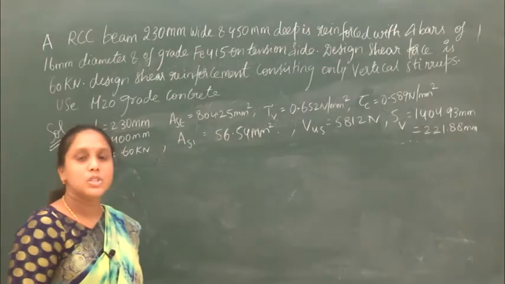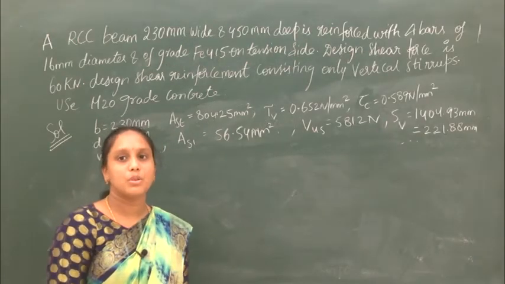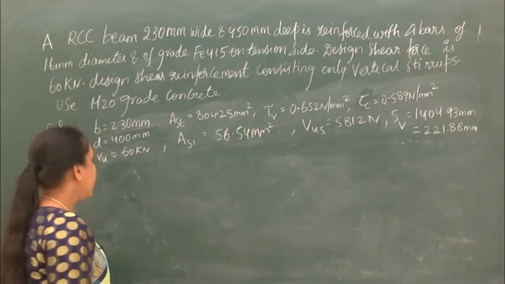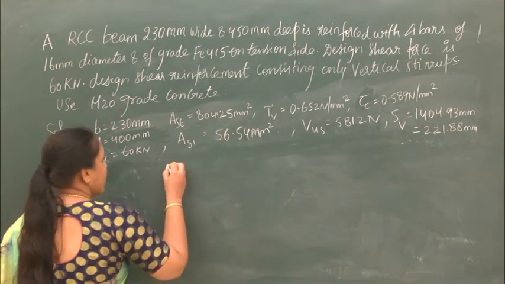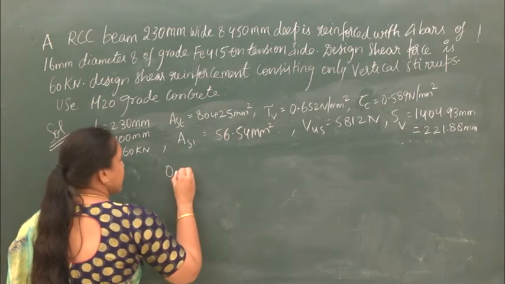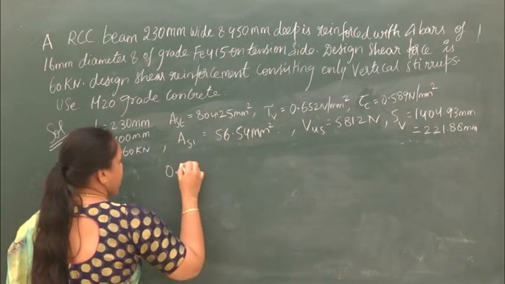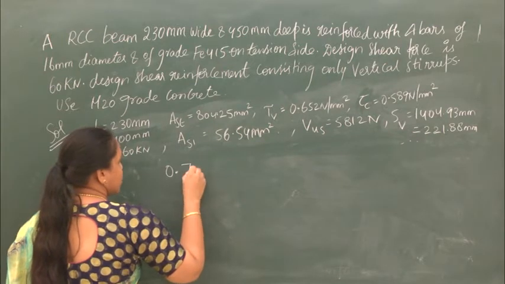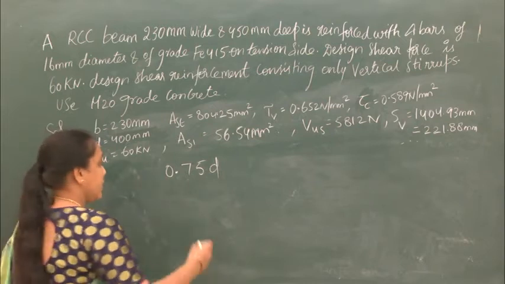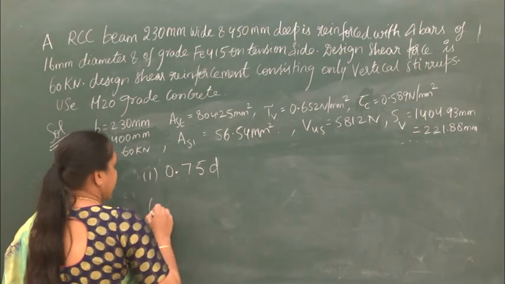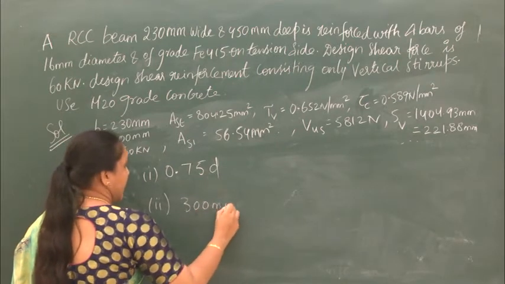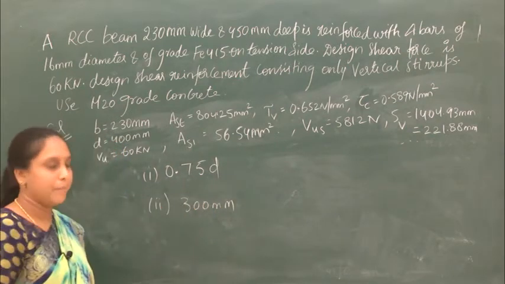So in IS 456-2000 for maximum spacing, what we have? We have two formulas for the vertical stirrups. One is that the spacing we have provided should not exceed 0.75d, and the other case is it should not exceed 300 mm.